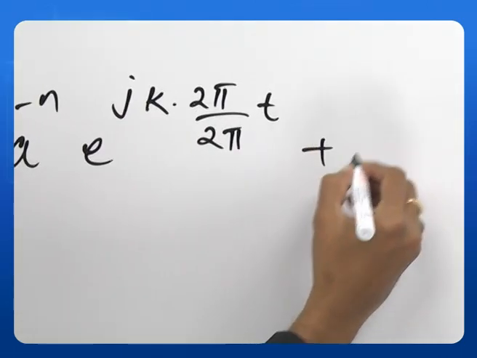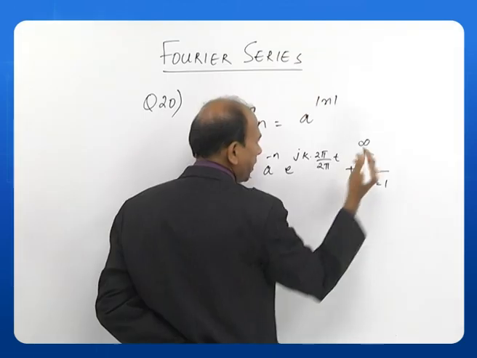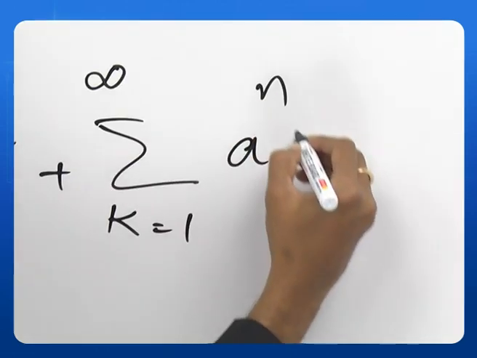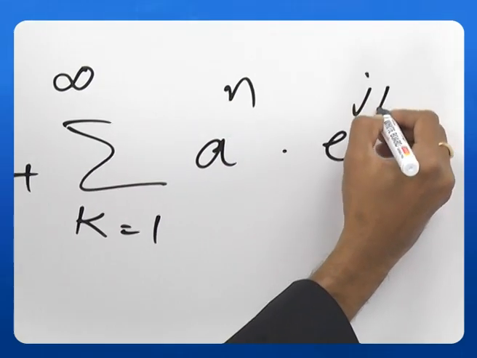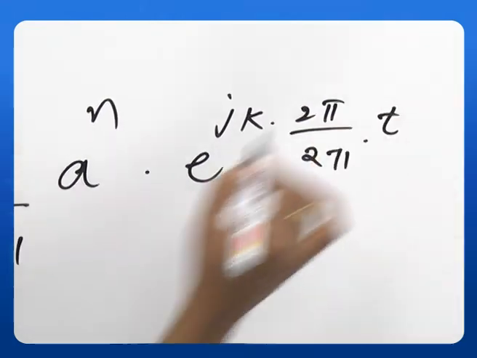Okay, plus the second summation starts from k equal to 1 to infinity because it exists on both sides. So, this will be a to the power of n into e to the power of jk 2 pi by 2 pi into t.